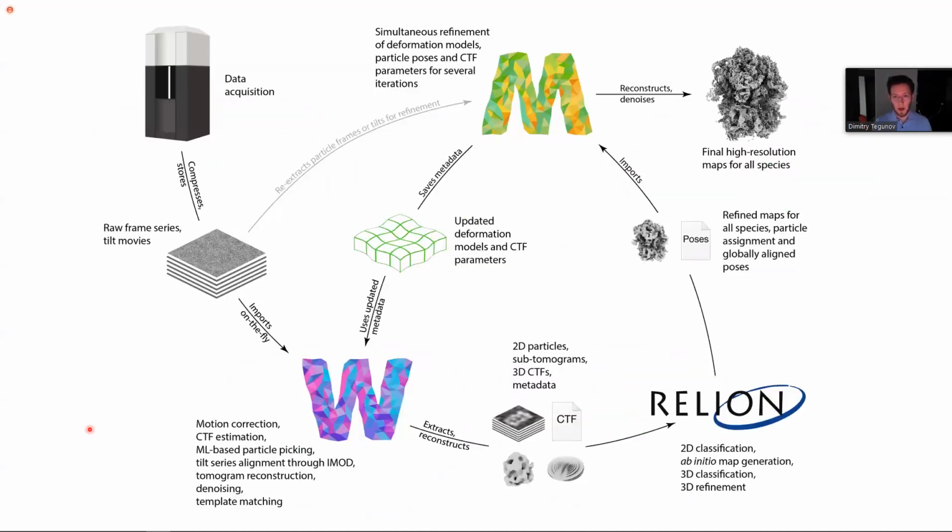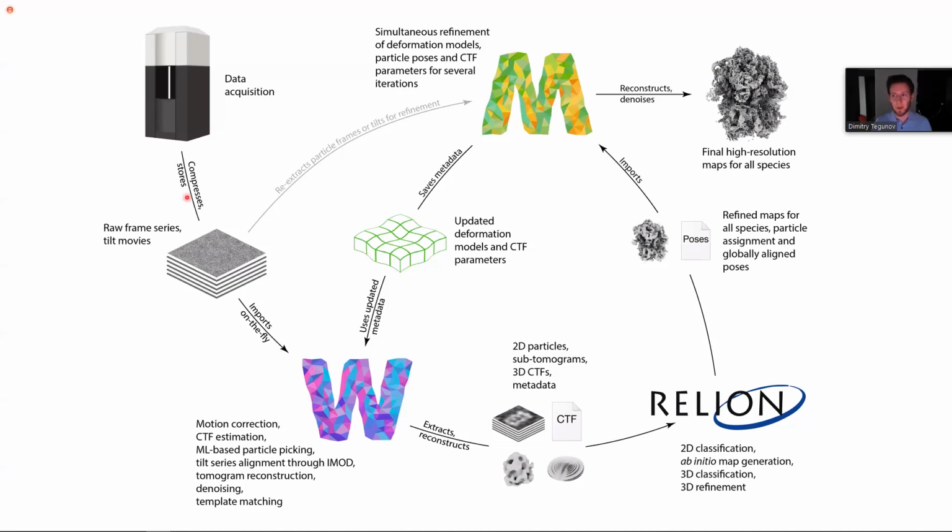And this is how it fits into the entire processing pipeline. So data come out of the microscope, either tilt series or frame series. And during this talk, I'm going to refer to what is commonly referred to as single particle data as frame series, because I find it rather unfortunate to reserve single particle just for 2D data.